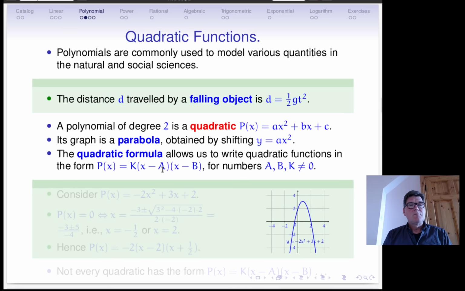Here's an example. Let's consider the quadratic polynomial p of x given by minus 2x squared plus 3x plus 2.